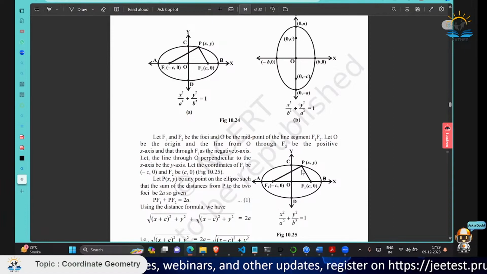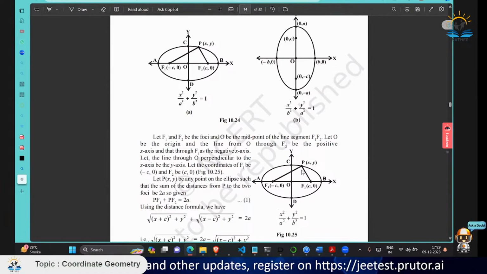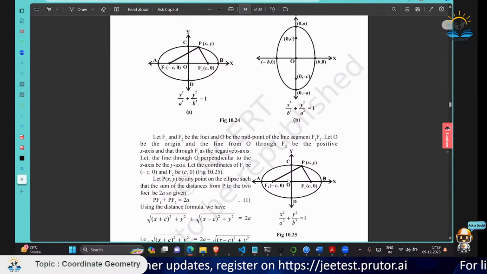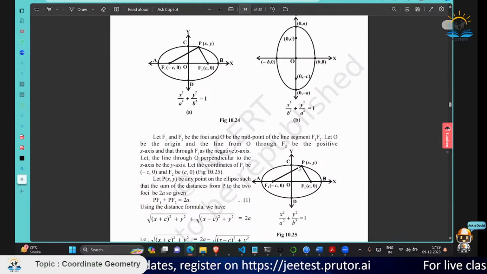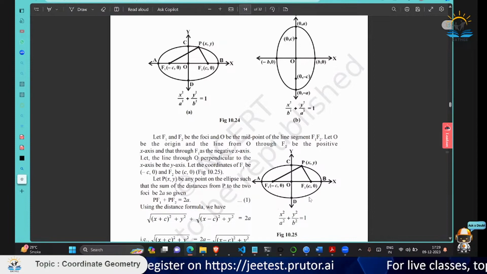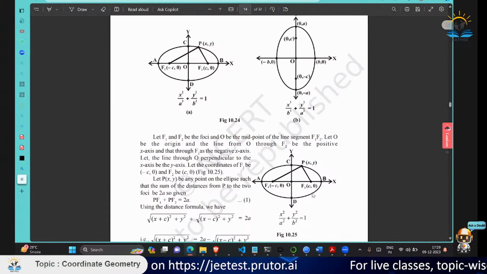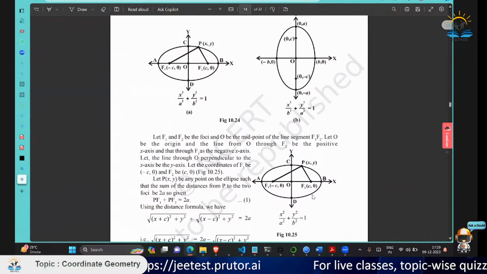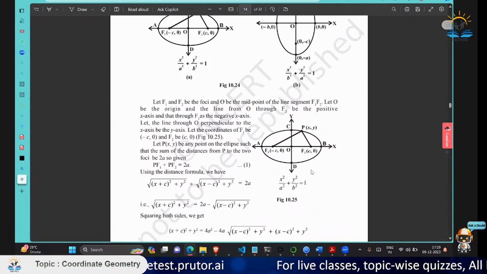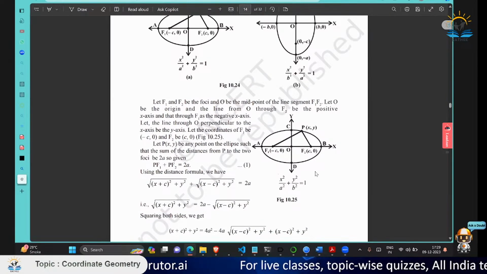Also one thing, the sum of the distance of any point from the foci is nothing but 2a. Please remember this. And that 2a is nothing but the major axis length.